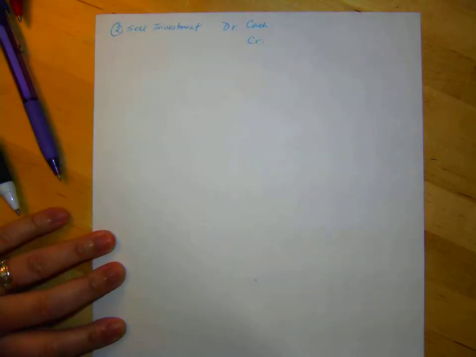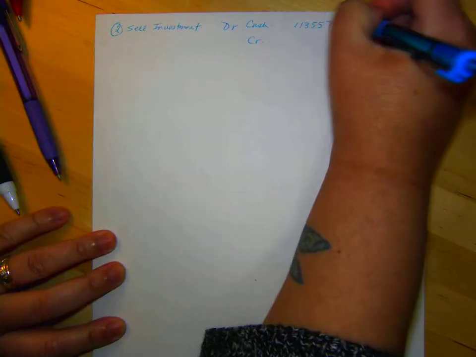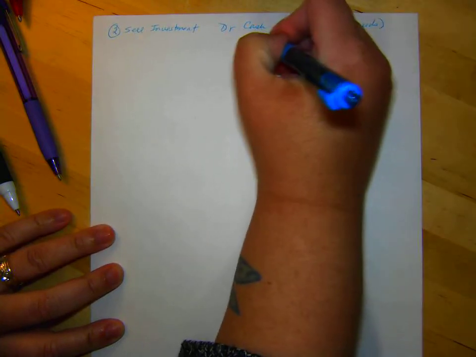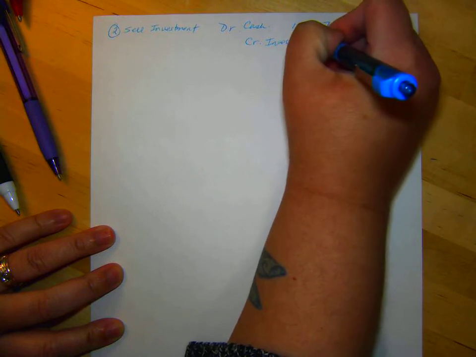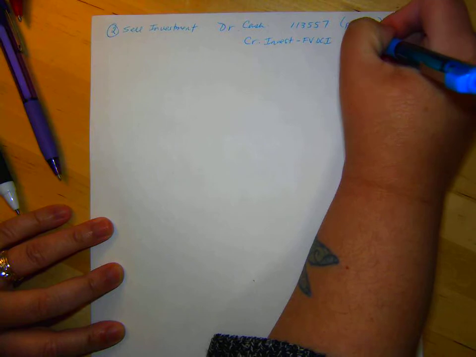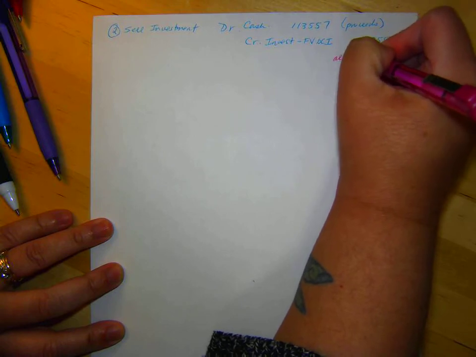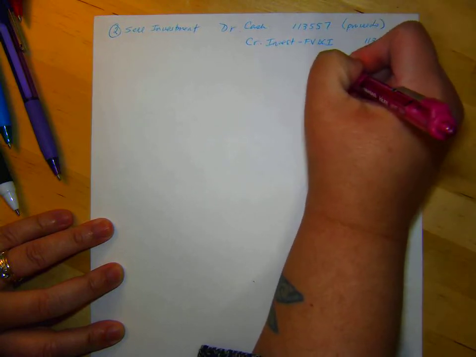Well, we've already calculated in the proceeds, so 113,557, so that was the proceeds. And how much do I write the investment in fair value OCI off at? 113,557. Already adjusted to fair value from step 1.